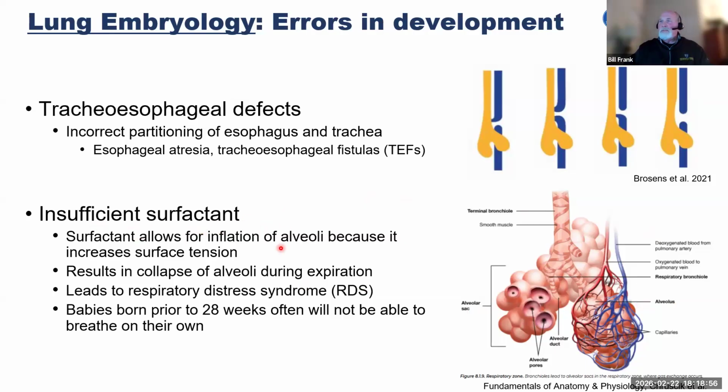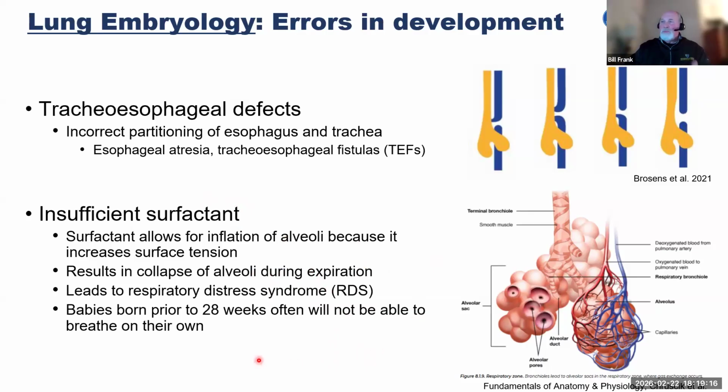So, insufficient surfactant, which allows for inflation of the alveoli, and it does so by decreasing surface tension. If we do not have enough surfactant, it will result in a collapse of the alveoli during expiration. So this can lead to respiratory distress syndrome.